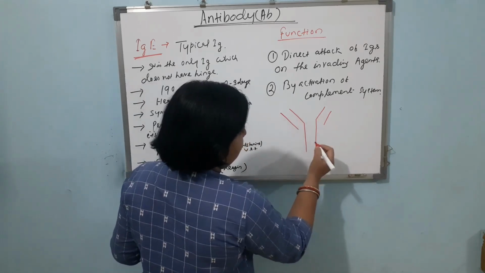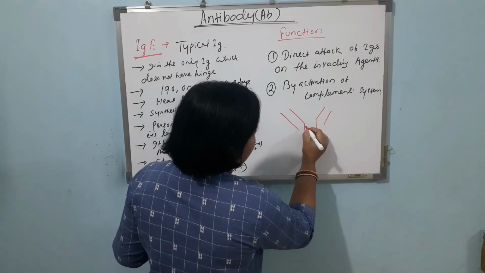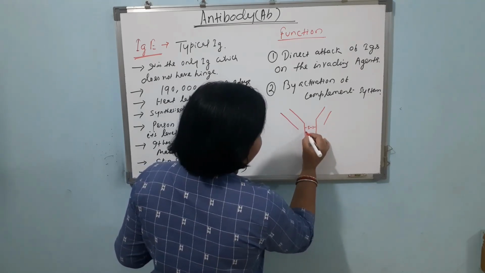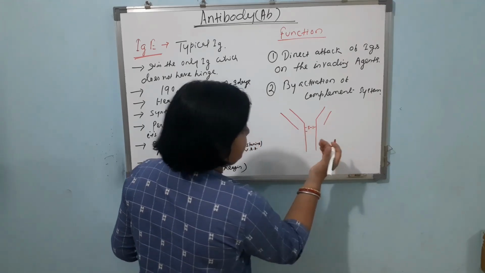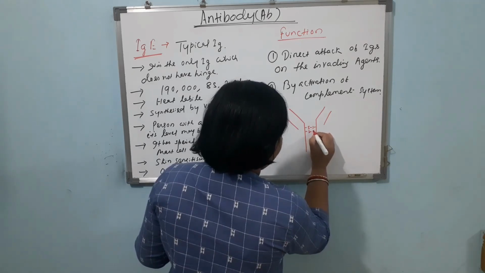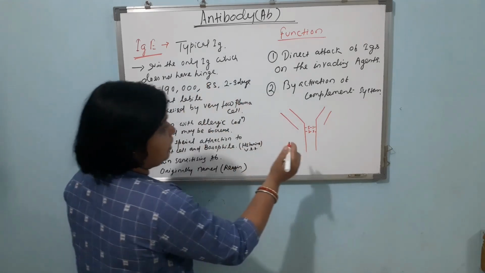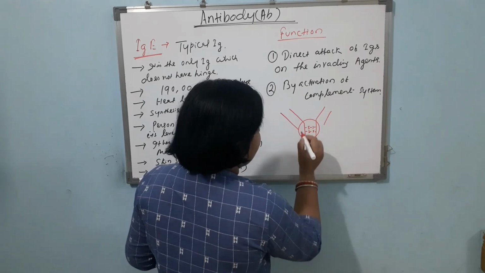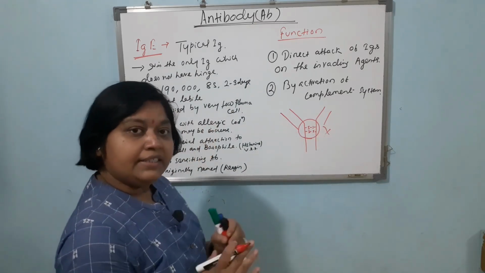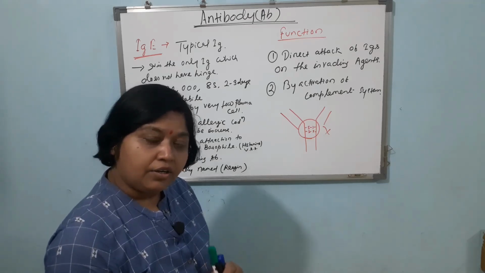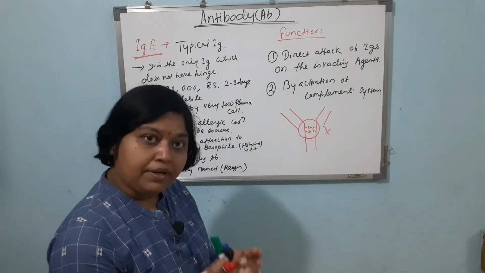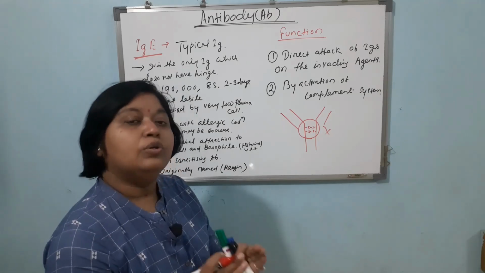This is the structure of an immunoglobulin; you will find the central hinge region here, where both heavy chains bind with each other by disulfide bonds. But in this case you will not find the central hinge region. Its molecular weight is nearly 190,000 Dalton. Its sedimentation coefficient is 8s and its half-life is nearly 2 to 3 days.